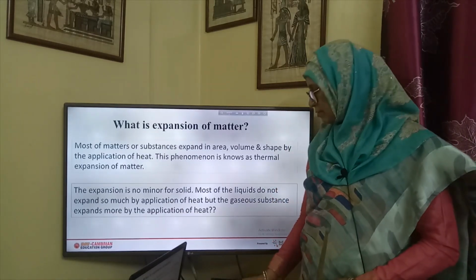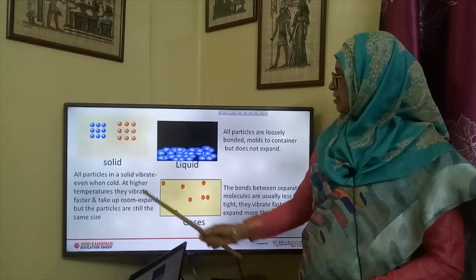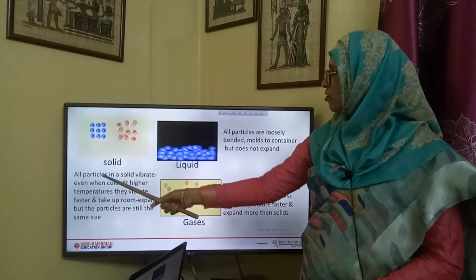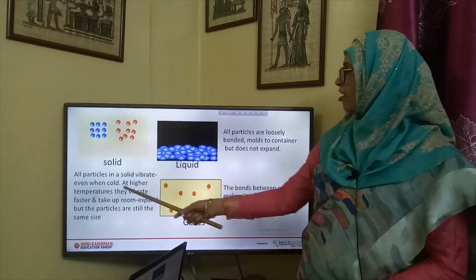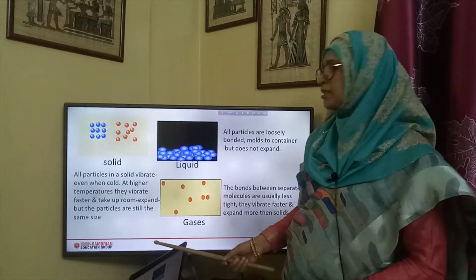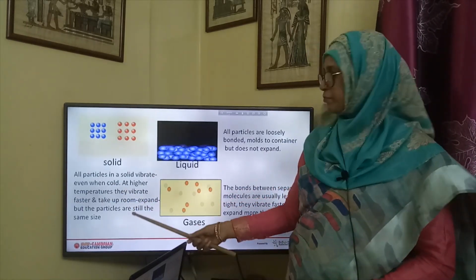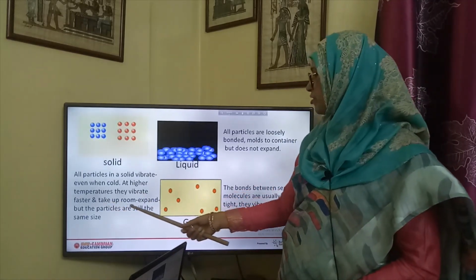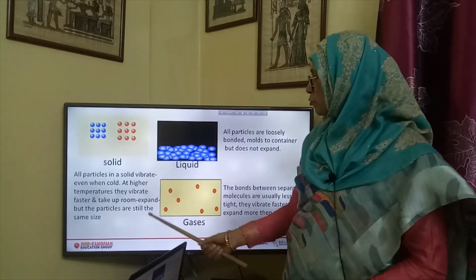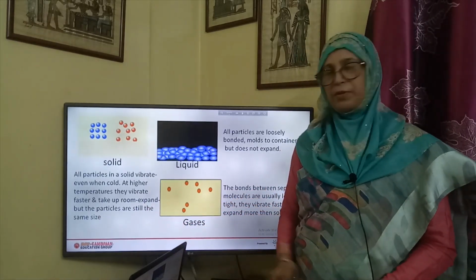What is the reason? The reason is that here are the solid particles. All the particles in solids vibrate even when they are cold. At higher temperature, that means on application of heat, they vibrate faster, take up more room and expand, but the particles are still the same in size.